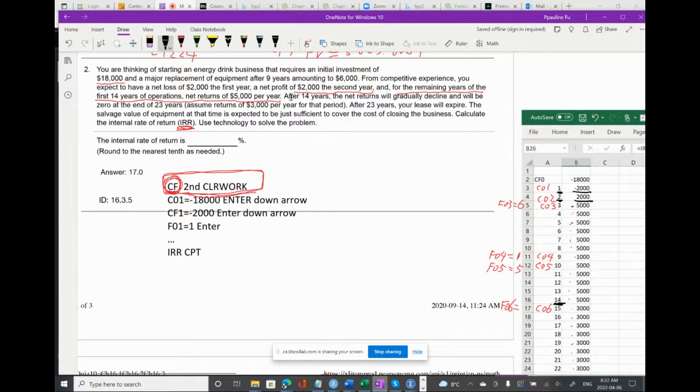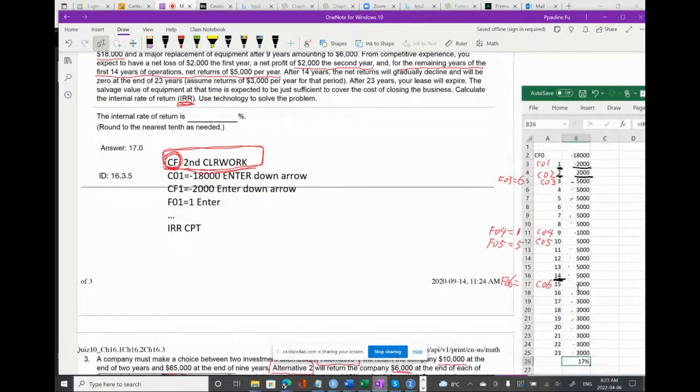Now continue reading the description. After 14 years, the net returns will gradually decline and will be zero at the end of 23 years. Assume return 3,000 per year for that period.